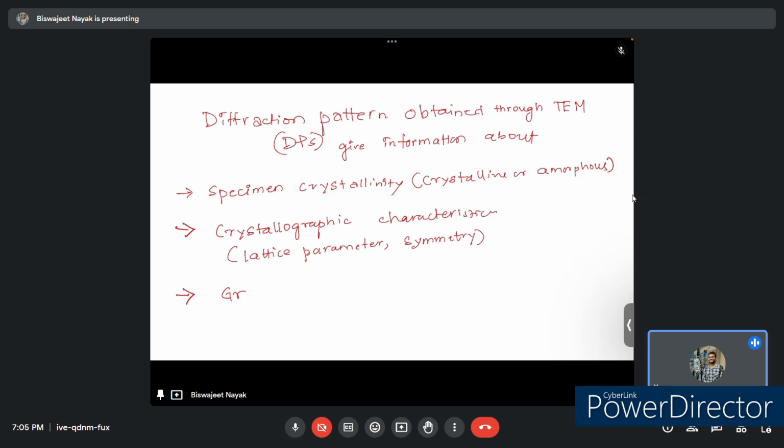So it gives information about grain morphology, also the orientation of individual grains, and also phase, whether different phases are present or not, and how they are oriented. That also we can get from this TEM.